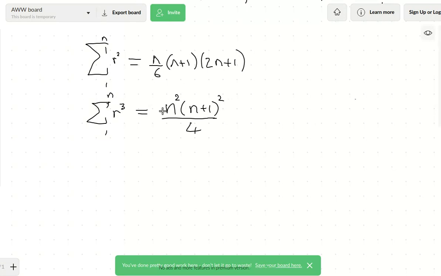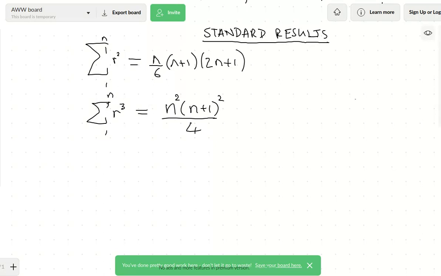Now, using these is no different to the way we were dealing with the standard results from the first two things we did. These are more standard results. You can use them without proof unless you're asked to prove them in an induction question or something like that, but it's perfectly acceptable to use them without proof.